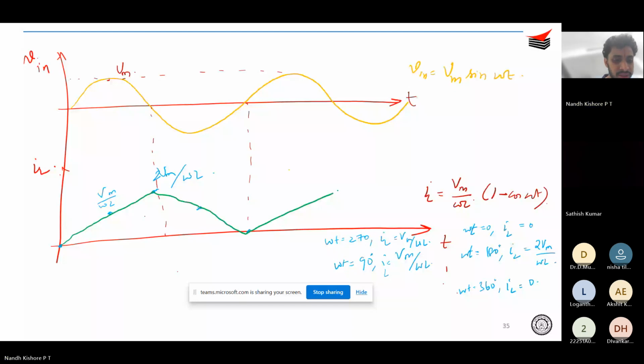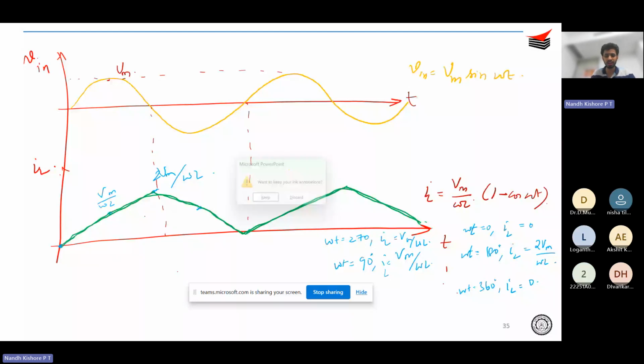Got it? Any doubts in the plotting of inductor current?